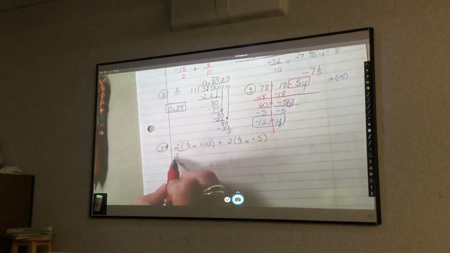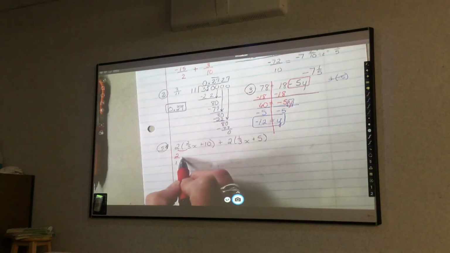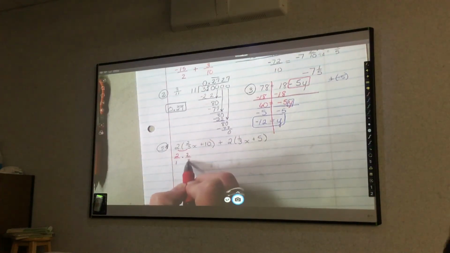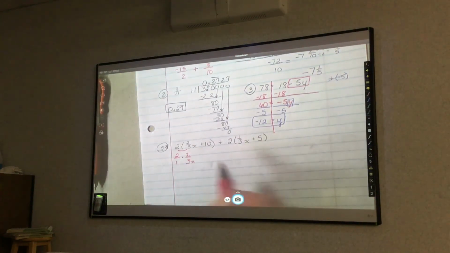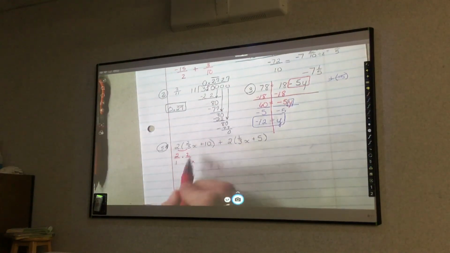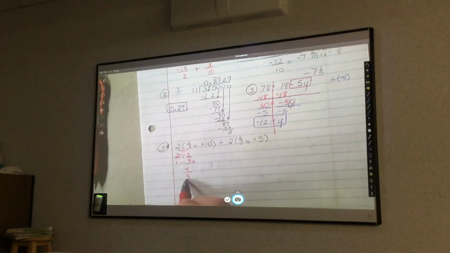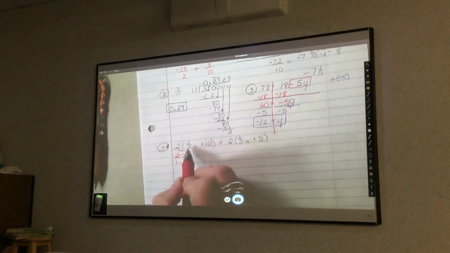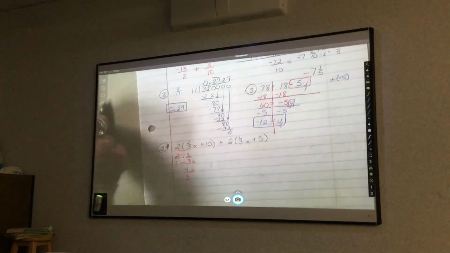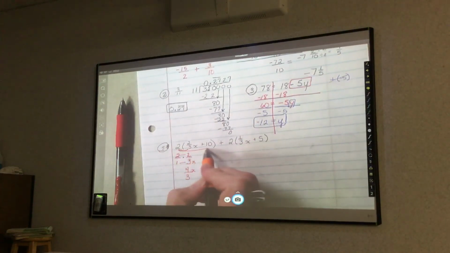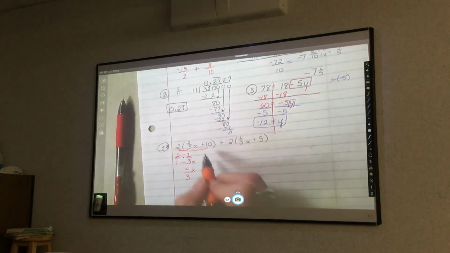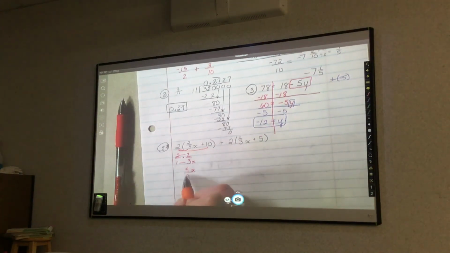So 2, which is 2/1, times 2/3 x: 2 times 2 is 4, 1 times 3 is 3, so I have 4/3 x. Then 2 times 10 is 20. So I'm going to say 4/3 x plus 20.